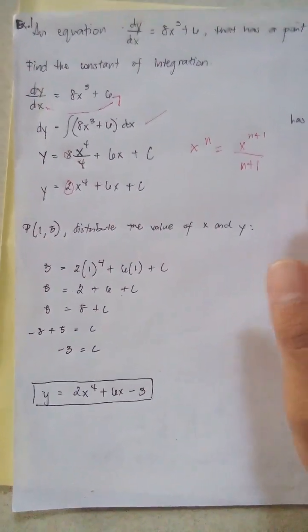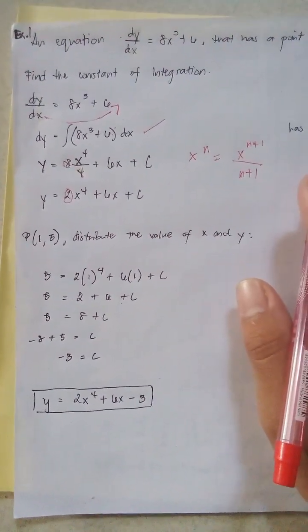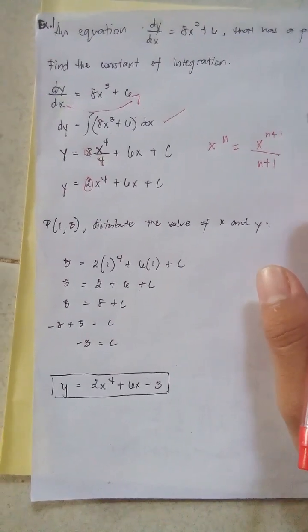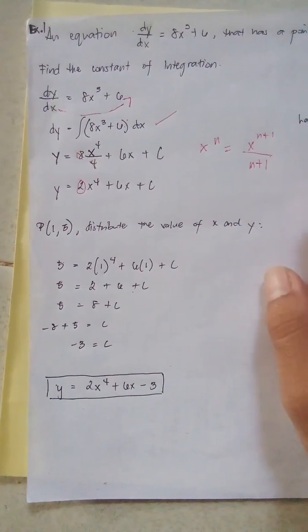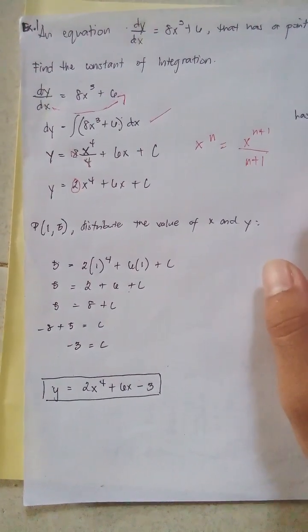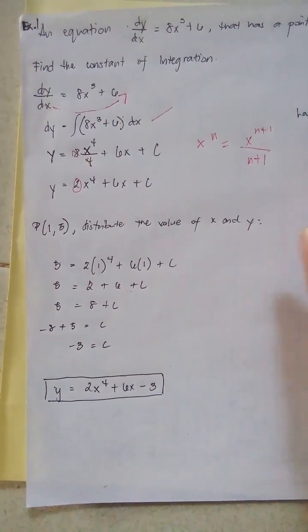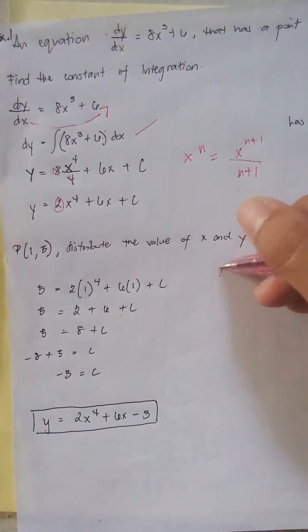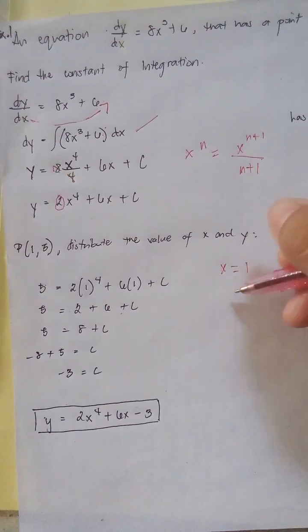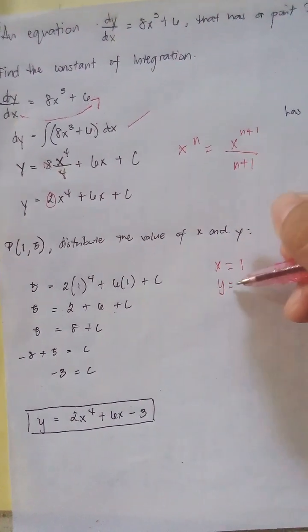Since we already have the first step, getting y, we now substitute the values of x and y, which is x equals 1, y equals 5.